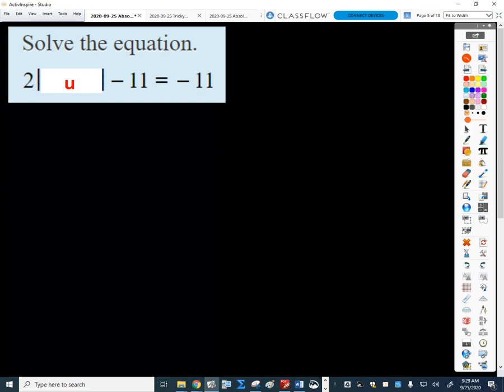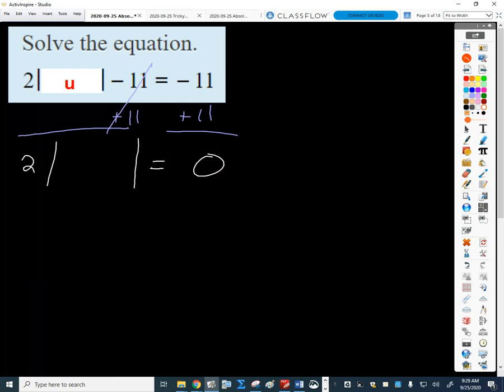So we add 11. Cancels the 11s. That's good. And then I've got 2 times my absolute value equals 0. Okay, that's a little weird, but that's all right. 0 is a number. We can deal with that. Emma, what do I do next? Divide by 2. Yeah, divide by 2.